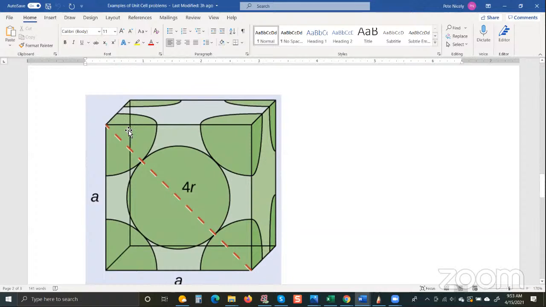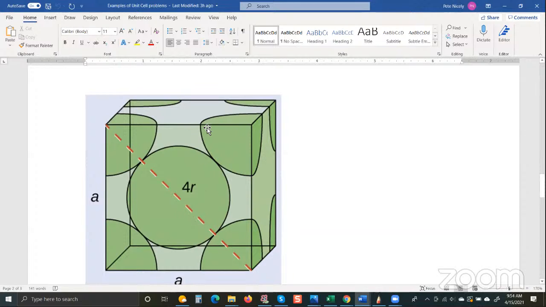That is true in this case. In the case, however, of the atom occupying one face, if you think about it in 3 dimensions, there are 2 unit cells that will be sharing that atom. So 1/2 of an atom occupying the face would be contributed to this unit cell, and the other half will be contributed to the adjacent unit cell.